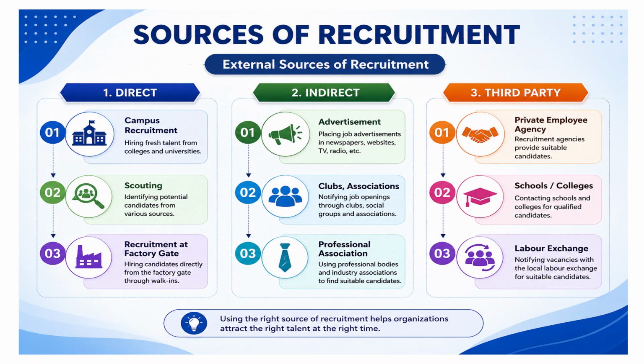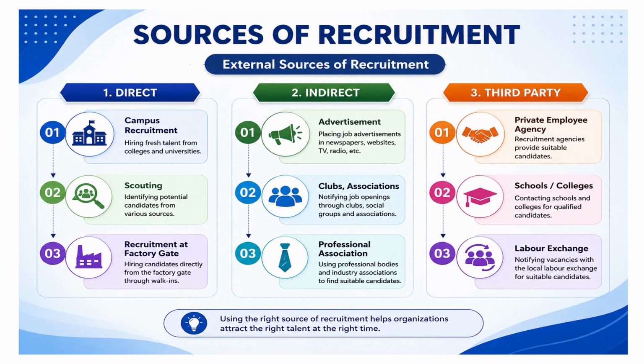The first one is private employment agencies. Private employment agencies specialize in recruitment. Companies pay these agencies to find suitable candidates. For example, TeamLease, ABC Consultants. These are the agencies where shortlisted candidates are sent to the companies.